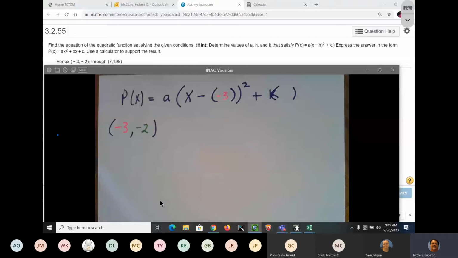So basically we have P of X is equal to A times (X plus 3) quantity squared minus 2. Okay, now they give us X and Y. They say X is 7 and Y is 198.